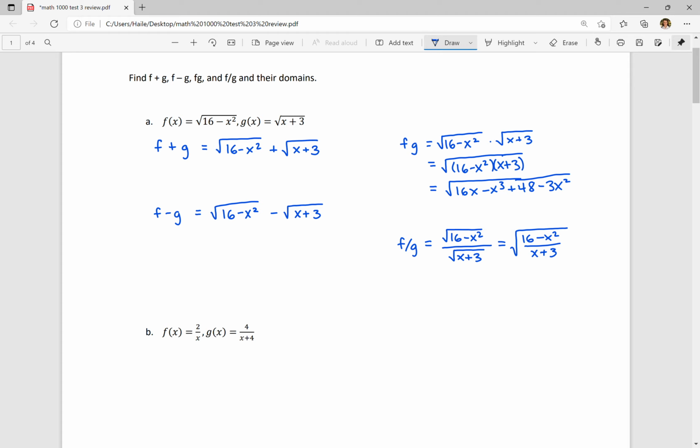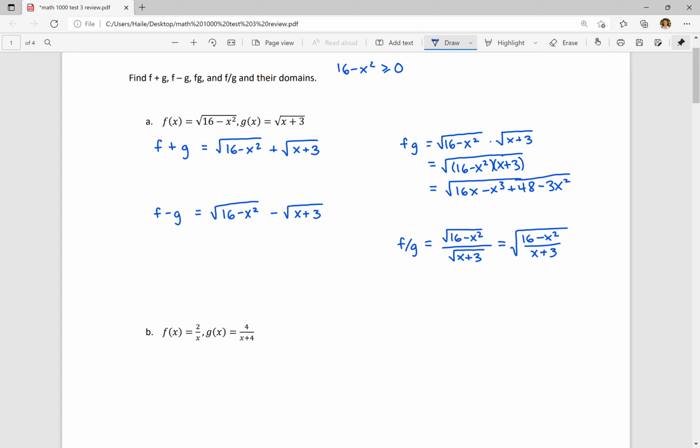So for the domains of these function operations, what we want to think about is the domain of f, the domain of g, and where they intersect, so where those intervals overlap. So first, let's find the domain of f of x. To do this, we know that square roots cannot have negative numbers under them, so we take 16 minus x squared, and we set it greater than or equal to 0.